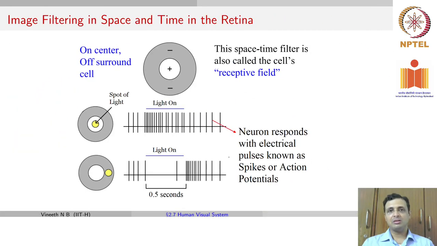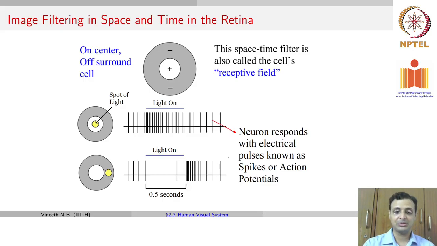So before the photons reach the rods and cones, there are what are known as ganglion cells or other cells in the retina, which typically operate in what is known as an excitatory manner or an inhibitory manner.